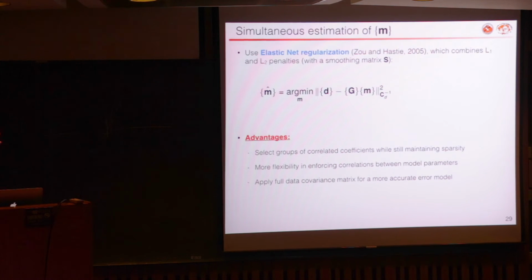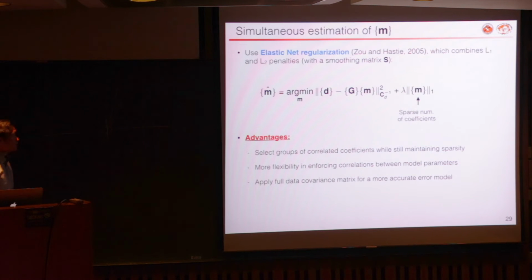And so what we want to do is use our sparsity regularization as before, but we have to take care in enforcing the spatial coherency. So something that we can use is what's called elastic net regularization, which combines L1 and L2 penalties with a smoothing matrix.